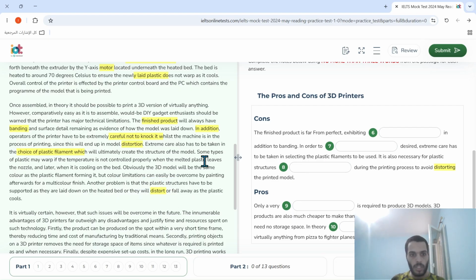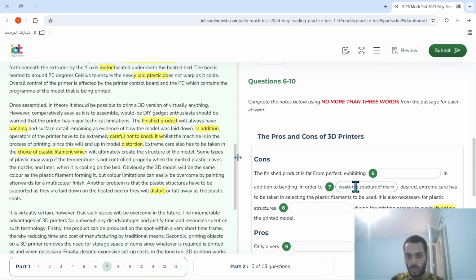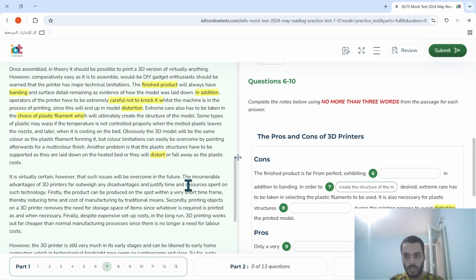So in order to create the structure of the model desired, no more than three words. So in order to create a structure, extreme care has to be taken in selecting plastic filament to be used.